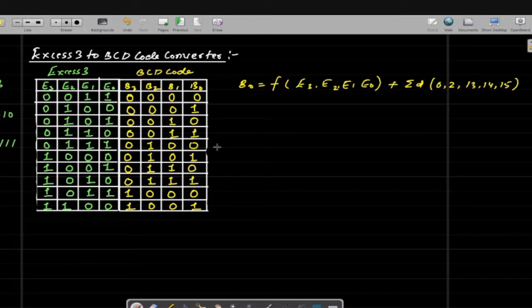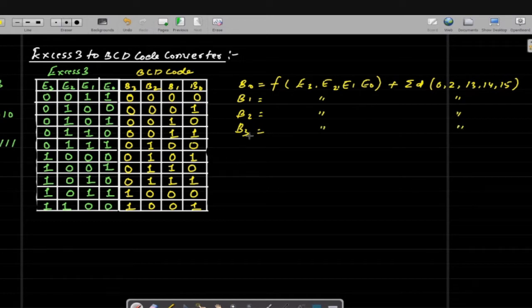Okay, and similarly you can also write that the remaining B1, B2 and B3 are also functions of four variables, from E0 to E3, along with these don't care conditions.